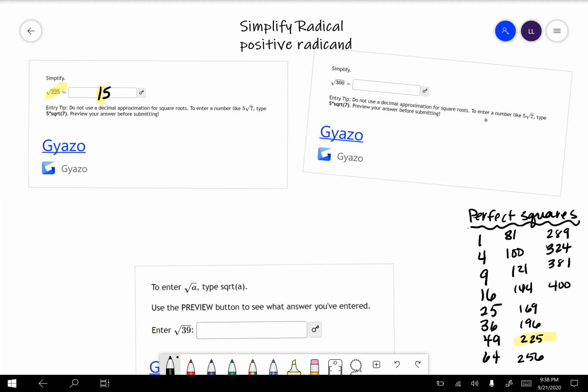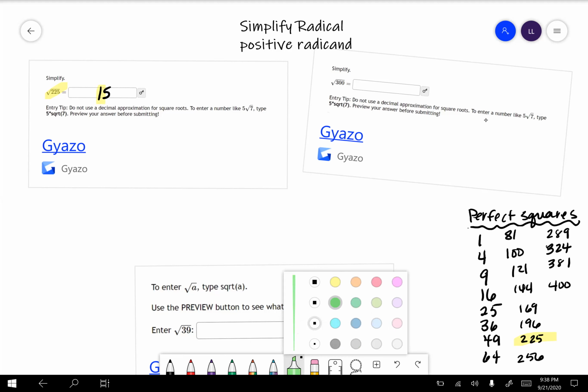So we've got to think to ourselves, what number goes into 300 evenly, right? And specifically, what perfect square goes into 300 evenly? All right, so when we look down our list, I see 100. 100 can go into 300 evenly.